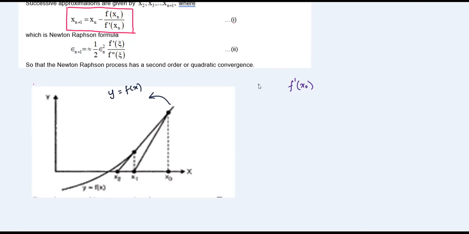Now y minus f of x naught is equal to slope into x minus x naught.